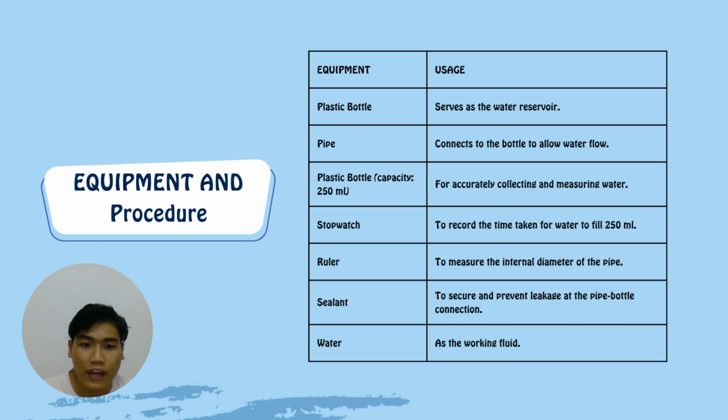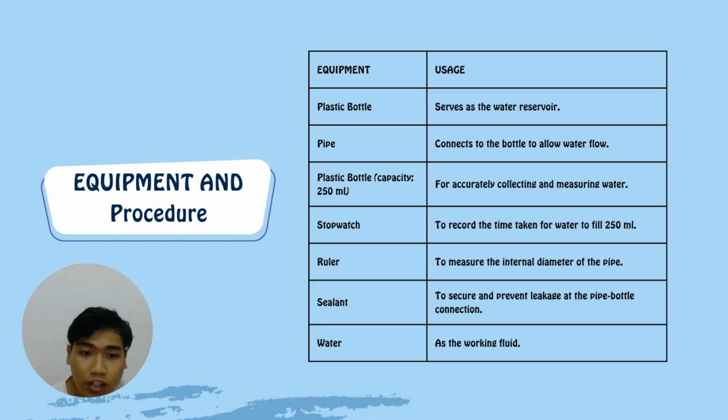Third, we have the stopwatch ready to record the time taken for the water to fill the plastic bottle with capacity 250 milliliters. Fourth, we fill the bottle with water, and we start the stopwatch as soon as water begins to flow into the measuring cylinder.